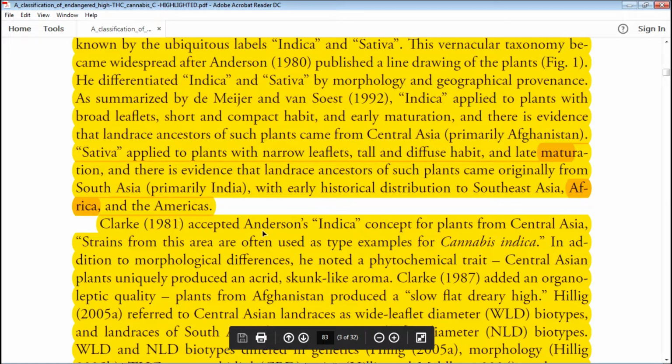Clarke, 1981, accepted Anderson's indica concept for plants from Central Asia. Strains from this area are often used as type examples for Cannabis indica. In addition to morphological differences, he noted a phytochemical trait. Central Asian plants uniquely produced an acrid, skunk-like aroma.